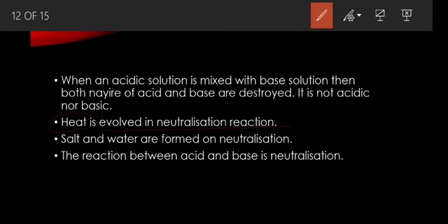In neutralization reaction, a new substance is formed. This is called salt. Salt may be acidic, basic or neutral in nature. Thus, neutralization can be defined as follows. The reaction between an acid and a base is known as neutralization. So, what is neutralization?